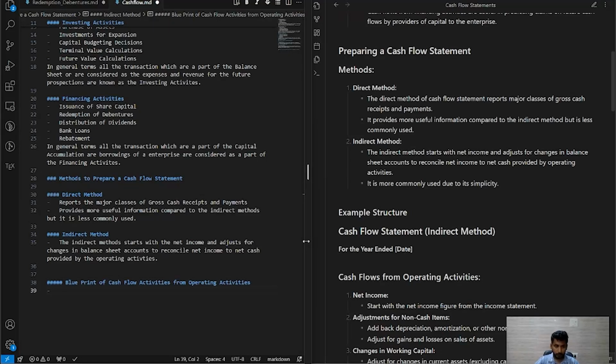So first of all is the net income. It starts with the net income figure from the income statement. Then we look for adjustments for non-cash items.